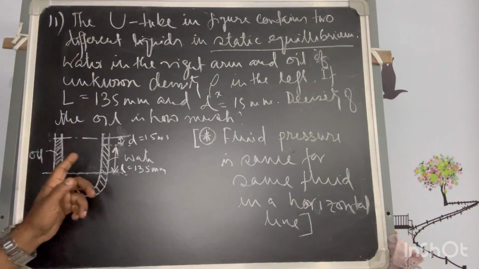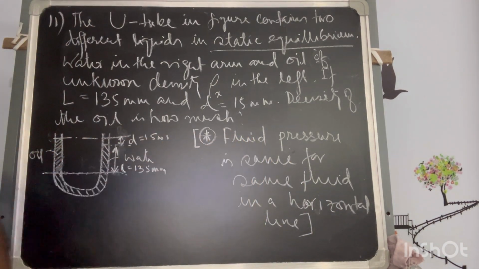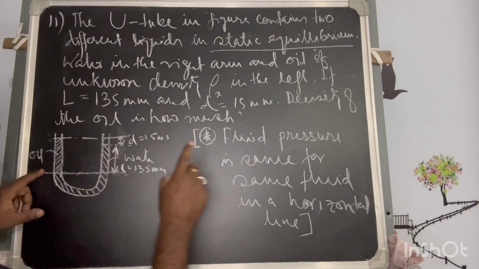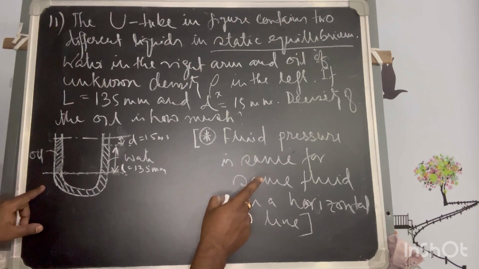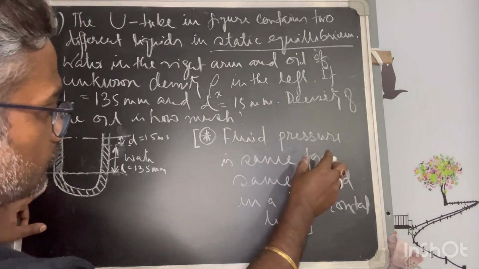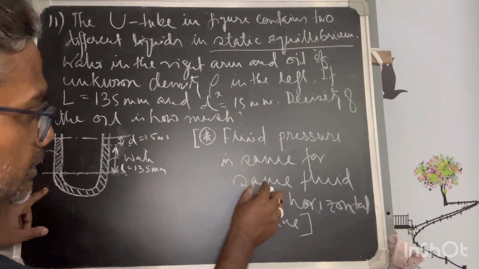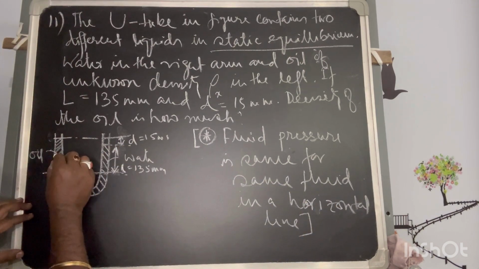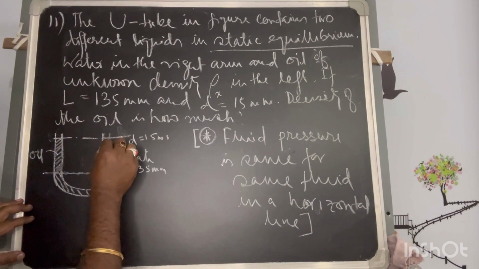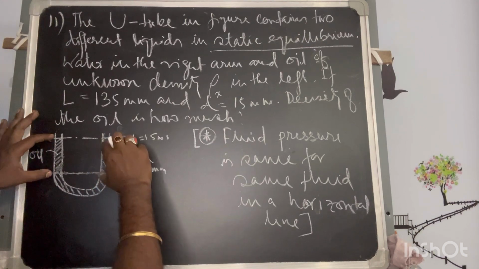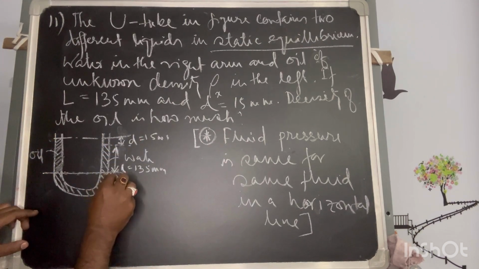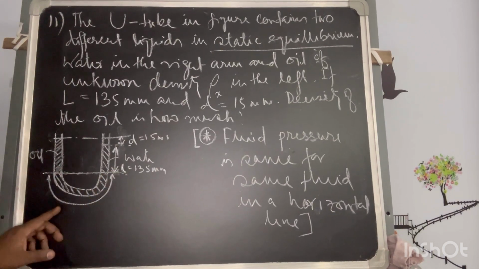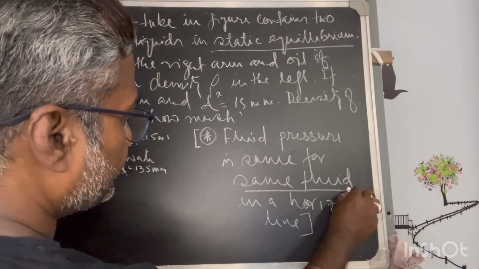Now, if I take this example and try to correlate this statement, fluid pressure is same. I'm talking about the fluid pressure being the same when the fluid is the same itself. So that means where you can find the fluid is same. This part is a different fluid. This part is not matching. So if I remove this part, from there to there, the fluid is same. So this is matching the same fluid.